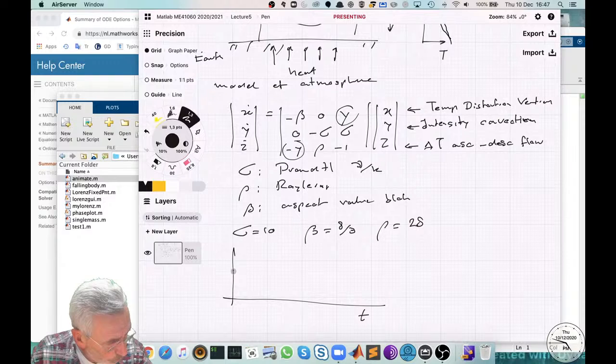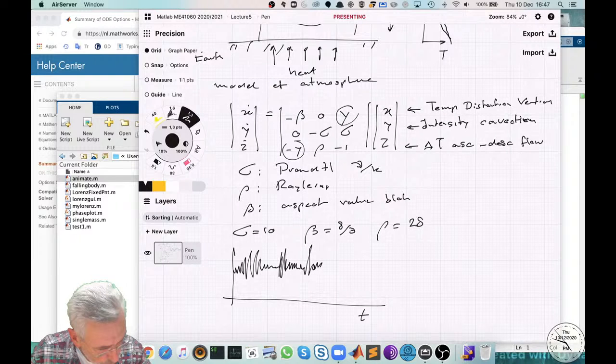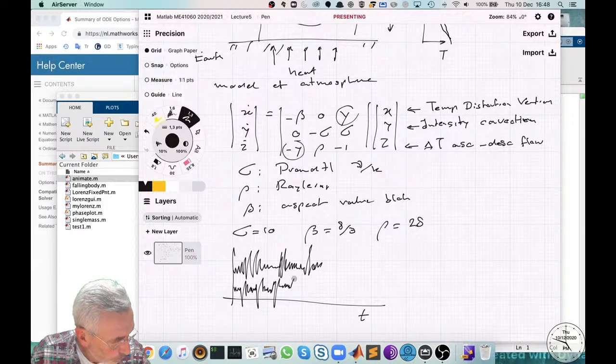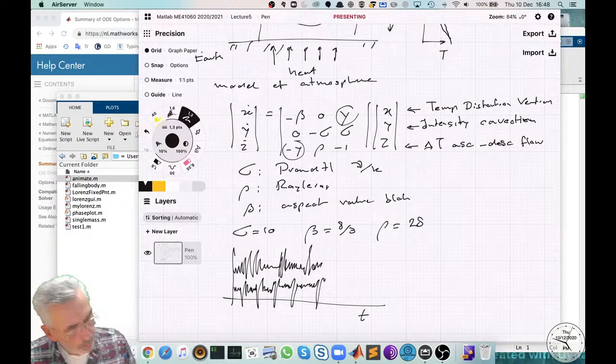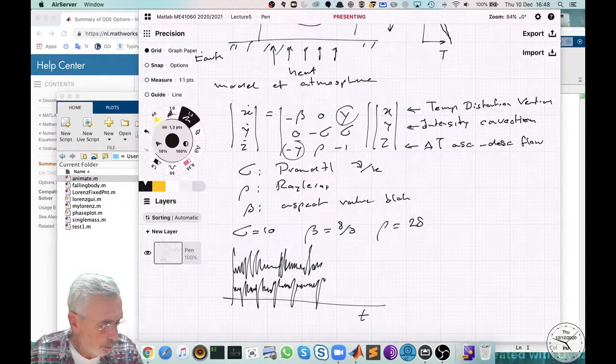He found the following behavior, like this, and then this, and then this for one variable, and then the other variable did this. And that is exactly what we're talking about now. It looks like some chaotic behavior.